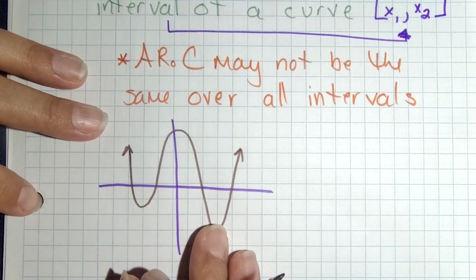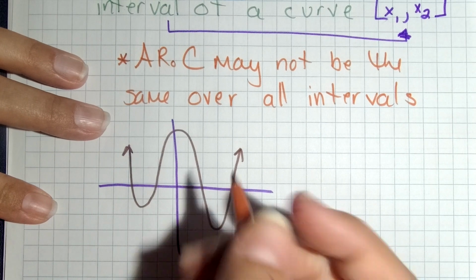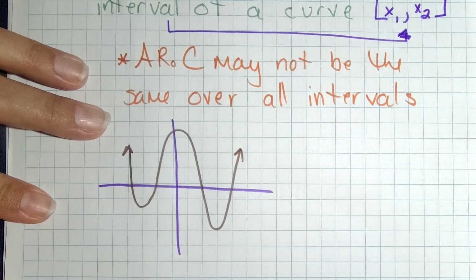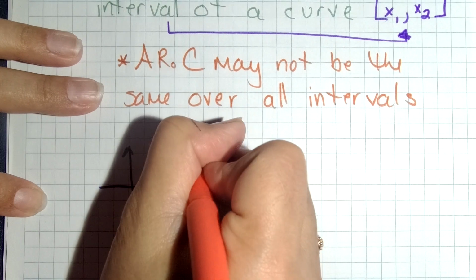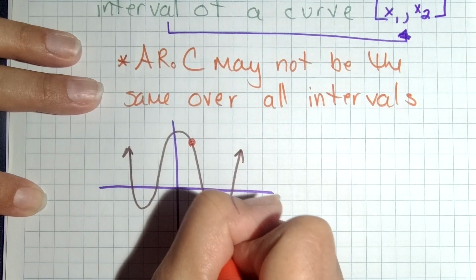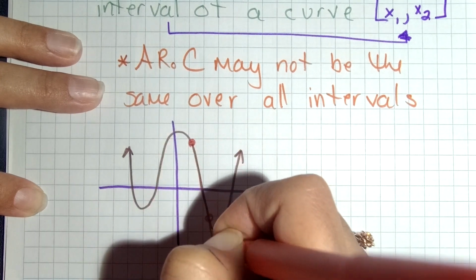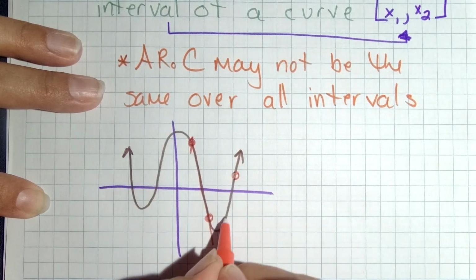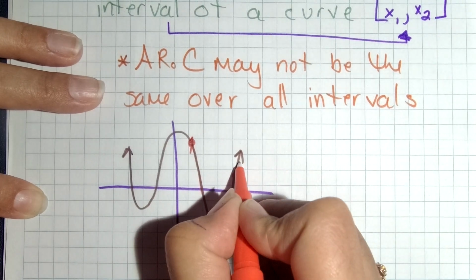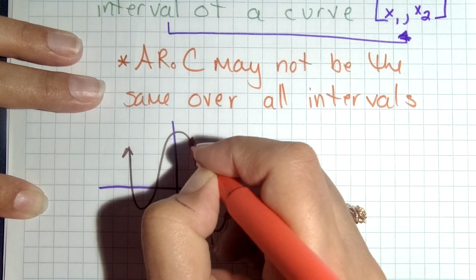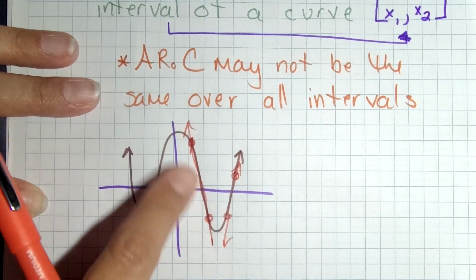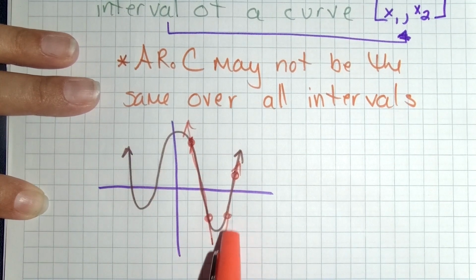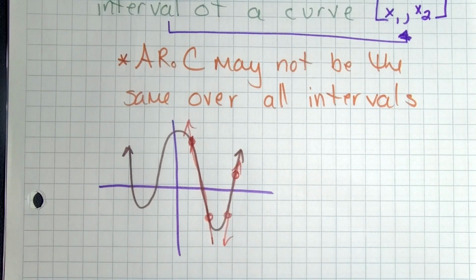This is actually called a 4-degree polynomial. The slope over these 2 points, this interval, will not be the same as the slope or rate of change between these 2 points. That is why we need the average rate of change between two things if we're studying these functions. It's not going to be the same. You can see that this is going to be negative and this is going to be positive. So it won't be the same.